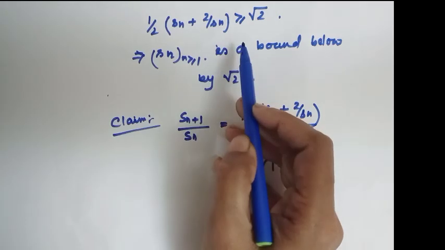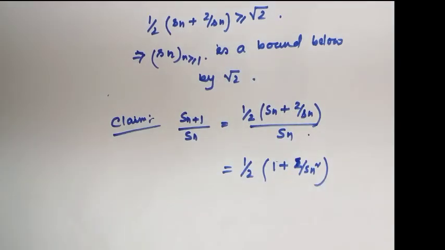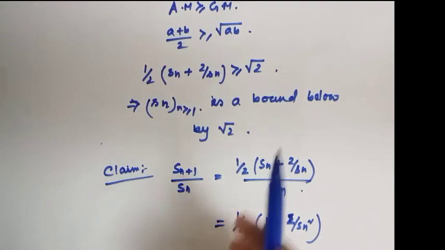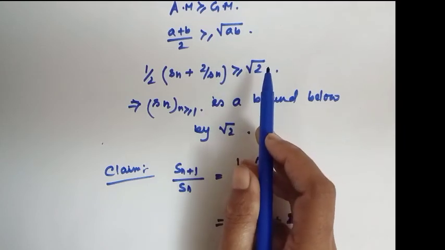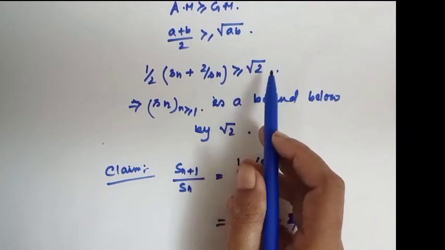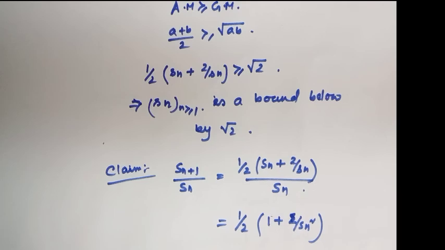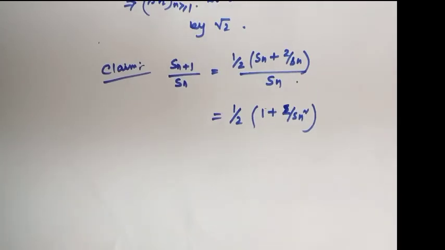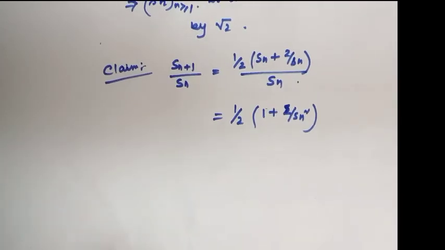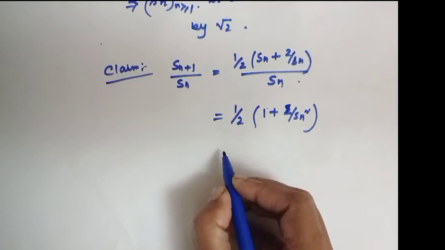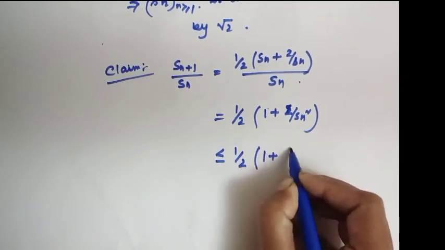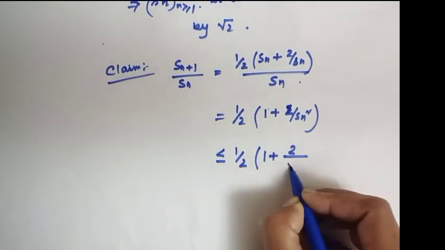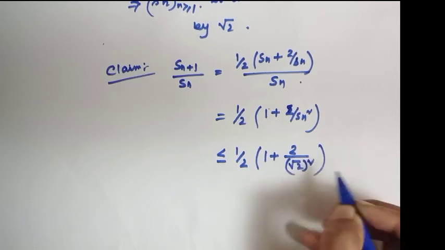Since from this inequality we have got S_n bounded below by the square root of 2, we can write this is less than or equal to 1/2 (1 + 2/(√2)²).